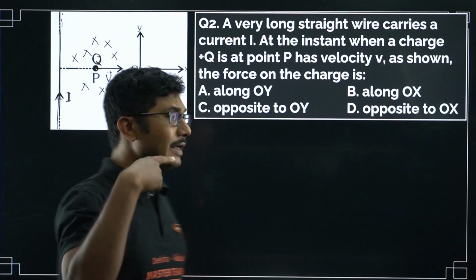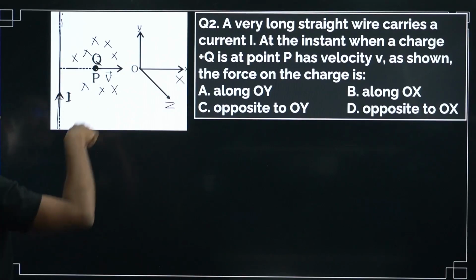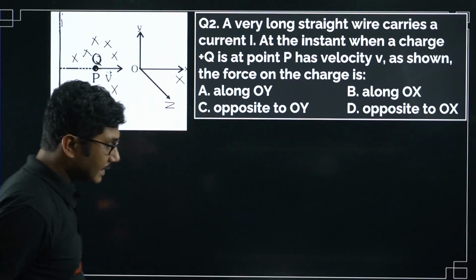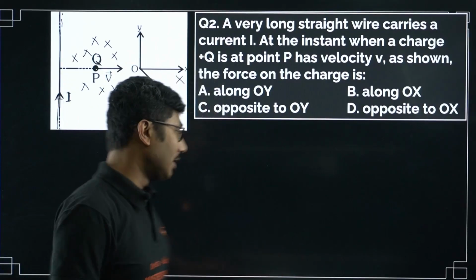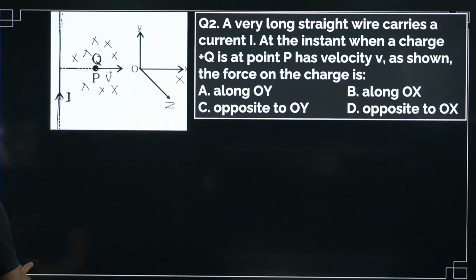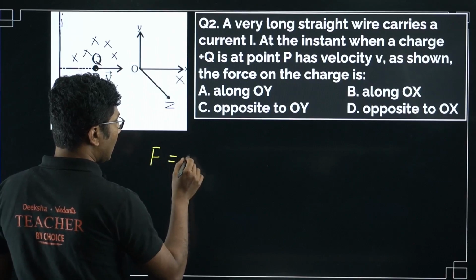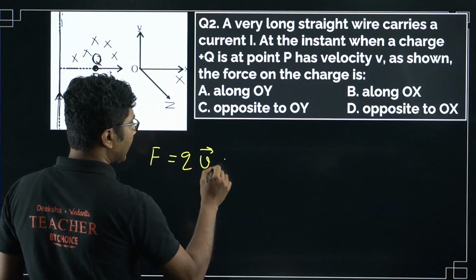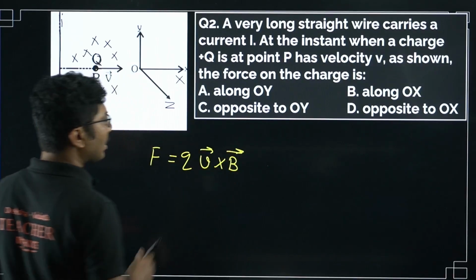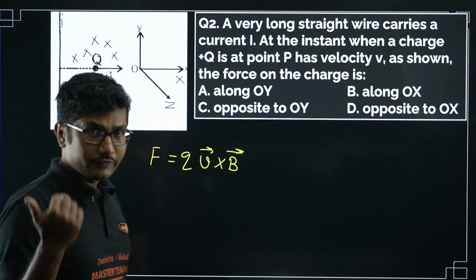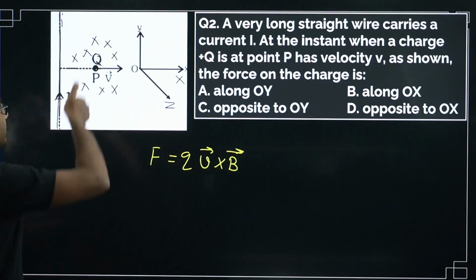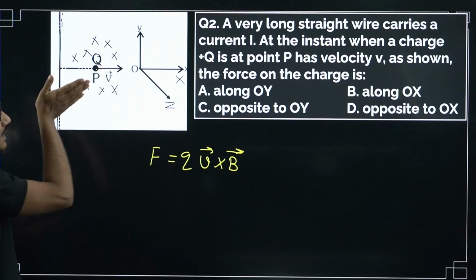So the direction of the magnetic field is in this direction, and velocity is in this direction. So what is the direction of force? Lorentz force states that the force is basically Q into V cross B, right? Now we have to do the cross product to find the direction of this force. V is in this direction.